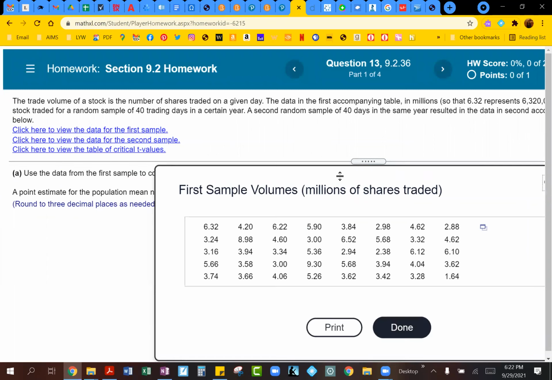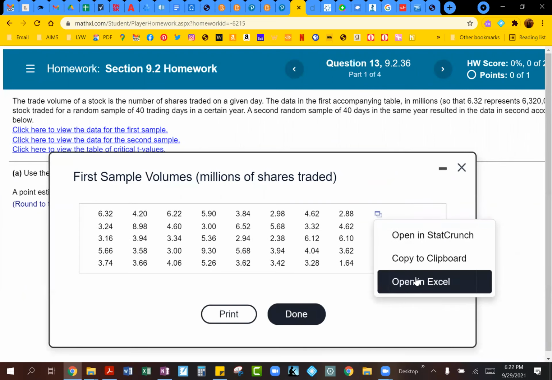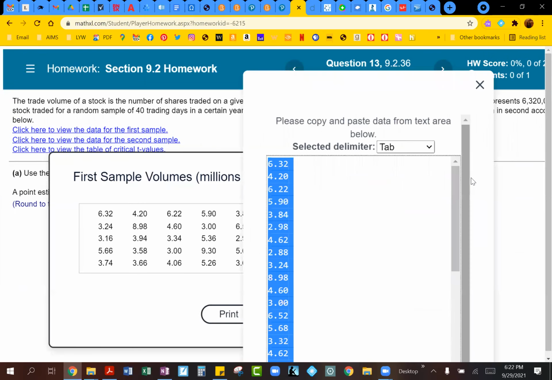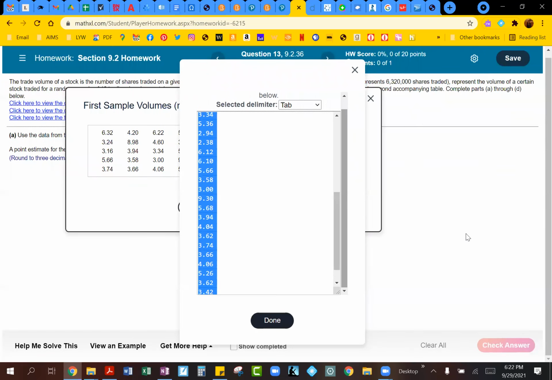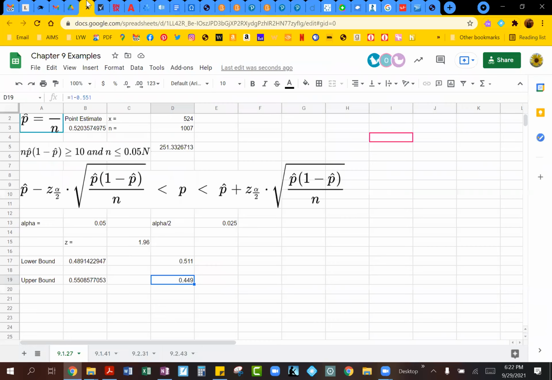So what I'm actually going to do is see if I can copy this data. Let's make this a little bit smaller. I think I have included the number in that same sheet. Okay, what have I done over here? Give me a second, guys.